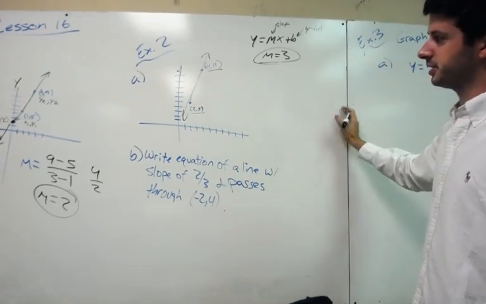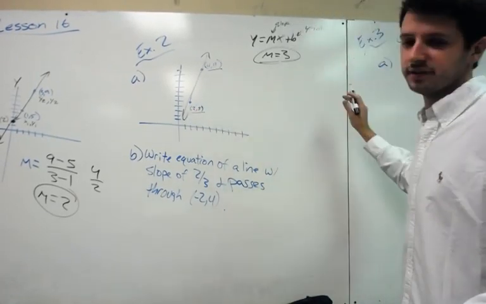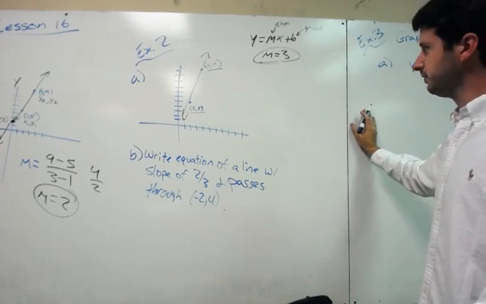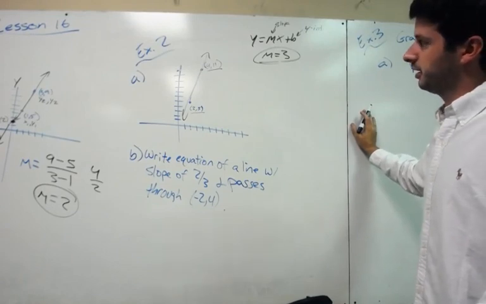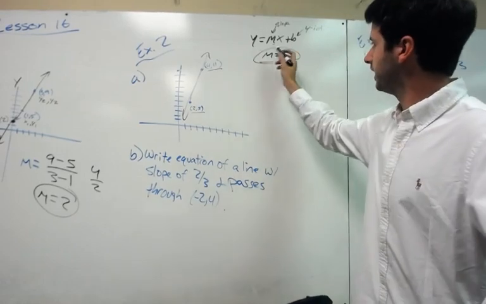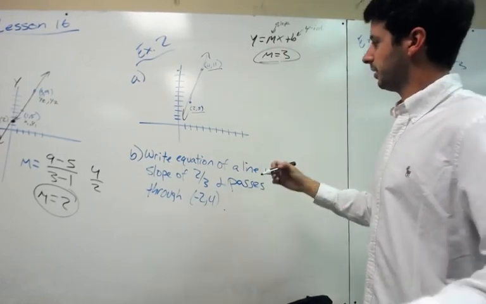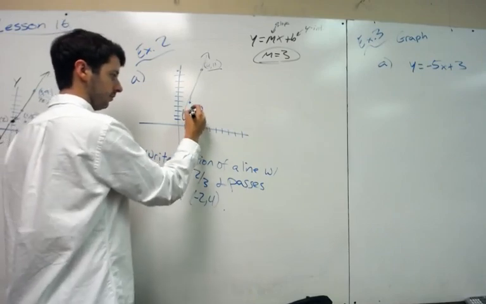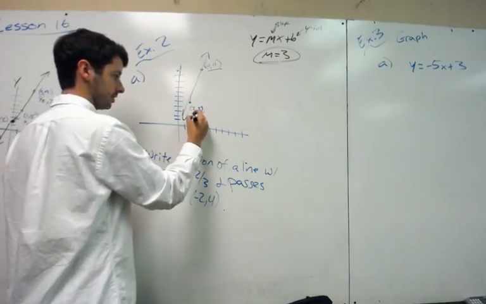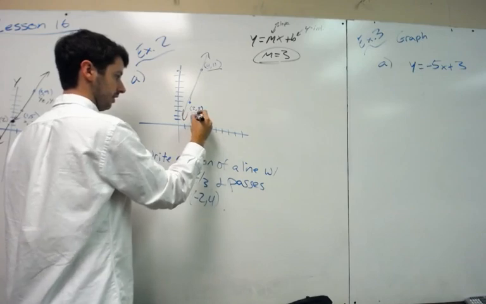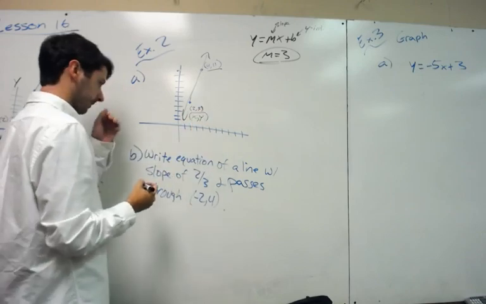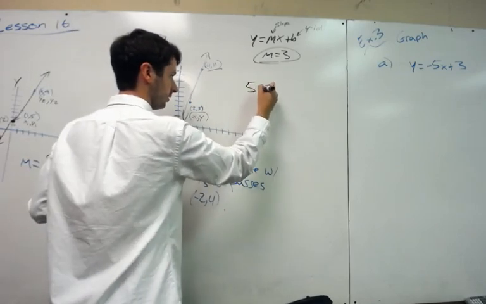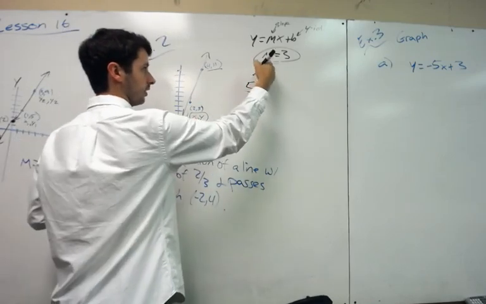Both of those coordinates are on this line in the graph, so we can actually use either of those. I'm going to use (2, 5) since it's smaller numbers. Now remember, when the coordinate is graphed, the 2 is the x and the 5 is the y. So what I need to do is plug 5 in for y. We already know our slope of 3.